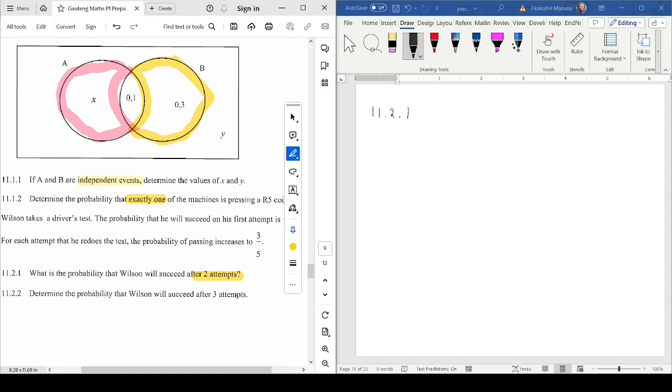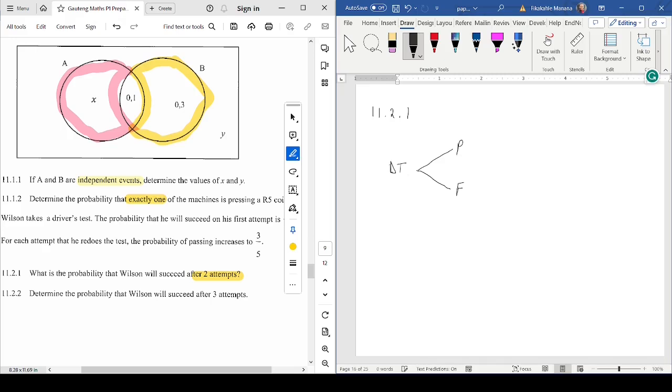Our tree diagram must have 2 attempts. So here we go. I'm just going to call it DT for driver's test. Now, the probability that he passes, that's the first level, and then we'll have a probability that he fails. I'll put an F for failure.